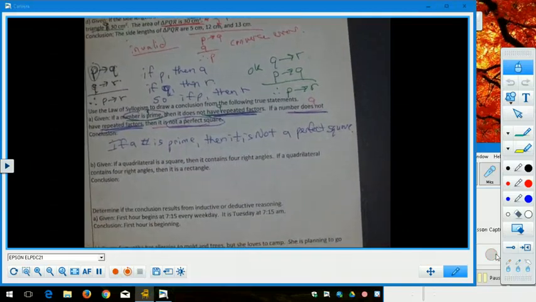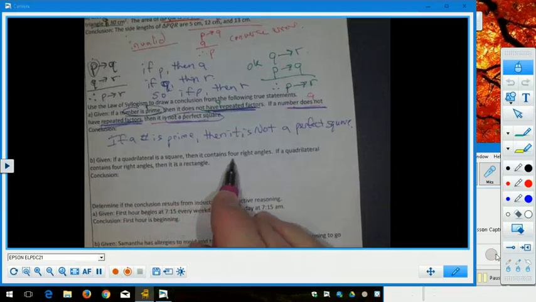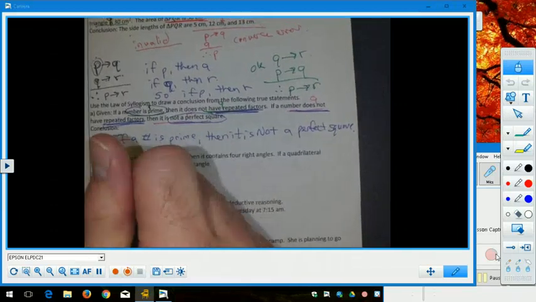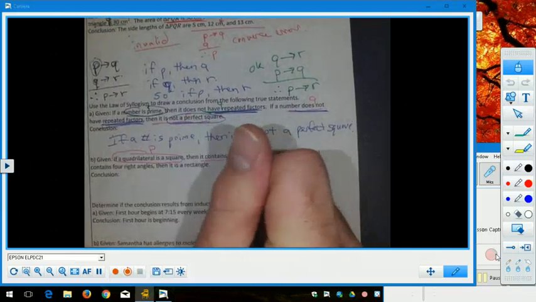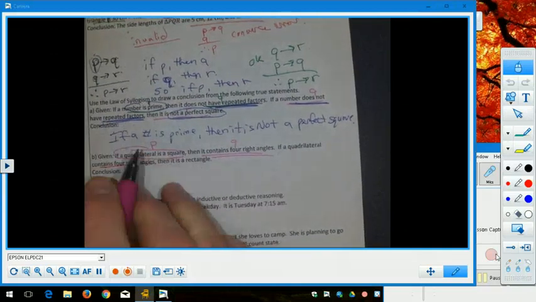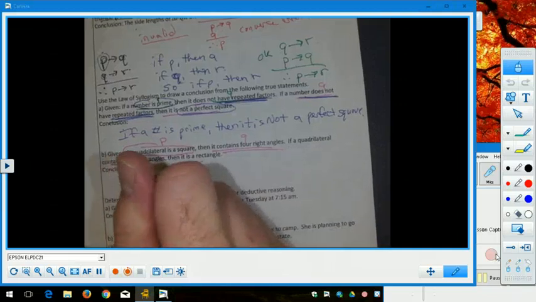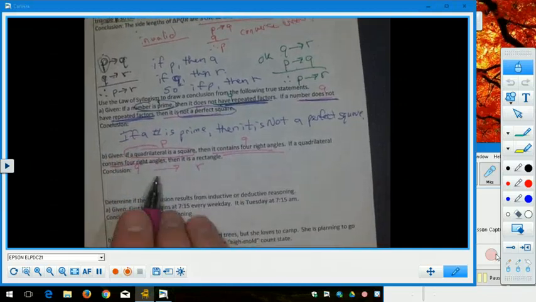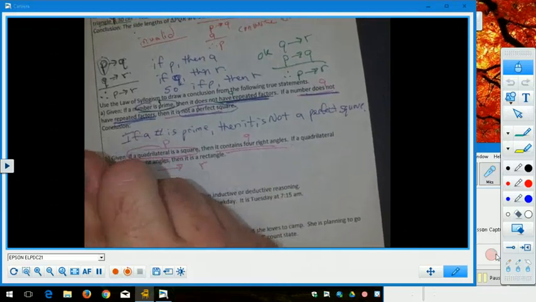Letter B, example 4B. If a quadrilateral is a square, then it contains 4 right angles. If a quadrilateral contains 4 right angles, so there's our connector, then it is a rectangle. So the valid conclusion, here's our starting point, here's our connector, here's our end spot.